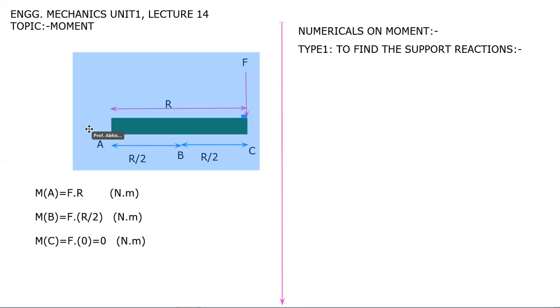Let's take an example again of a beam. Suppose this beam is here, and this beam is resting on the supports, so this beam may be called a simply supported beam, because it is resting over certain supports.